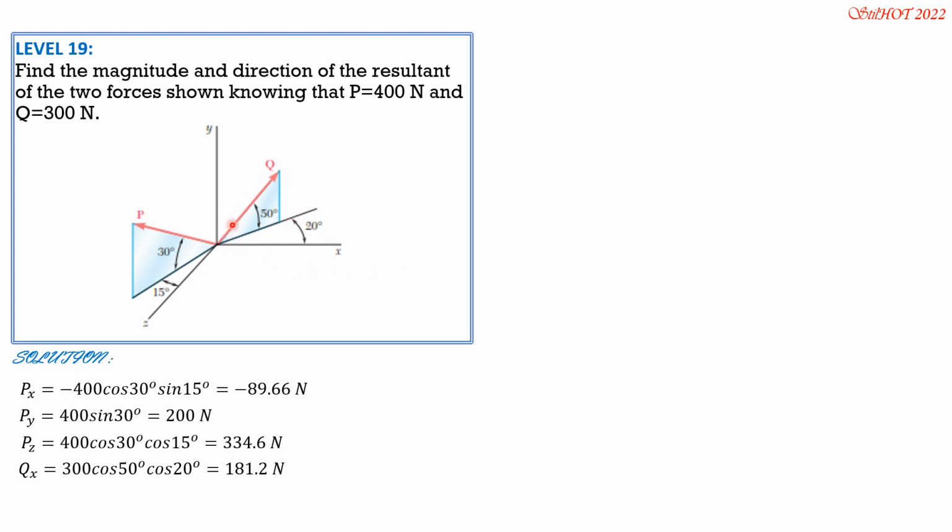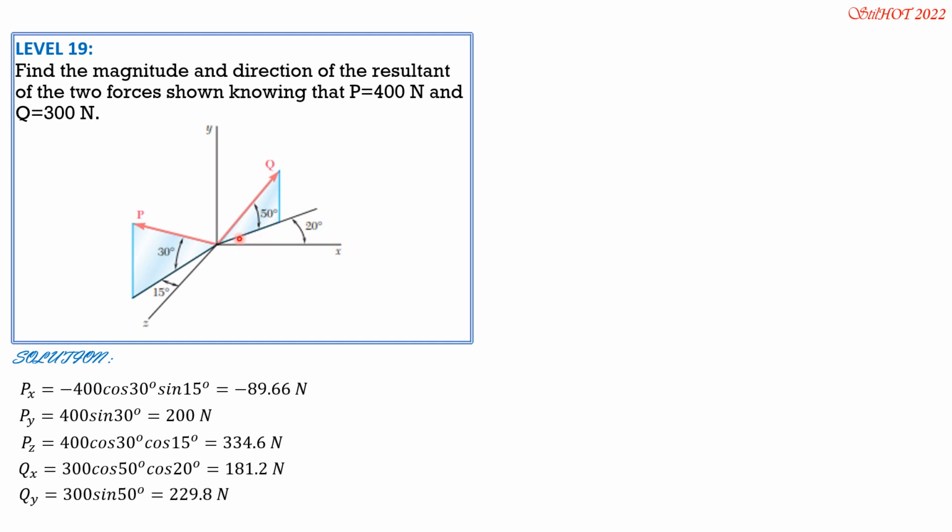Qy is upward. It is just Q, 300 sine of 50 or 300 cosine of 40, 229.8.